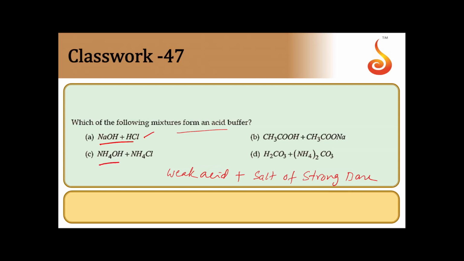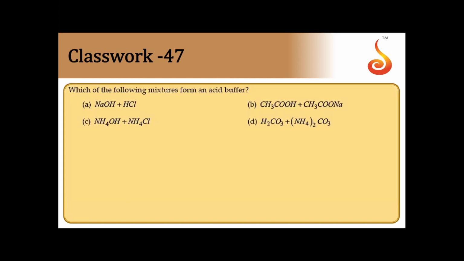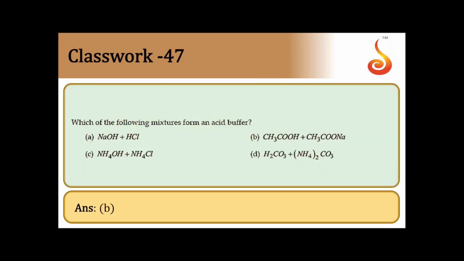Option C, a weak base is there, doesn't constitute. In option B, we have a weak acid and the corresponding salt of a strong base. Option D, we have a weak acid, but it is a salt of a weak base also. Therefore the only correct option is B. So B is the correct answer.